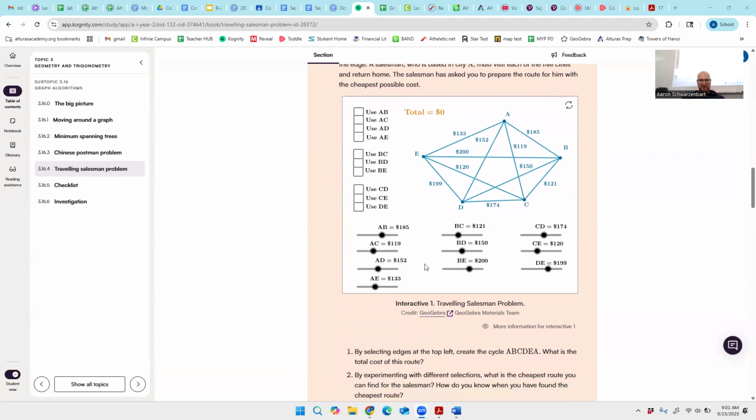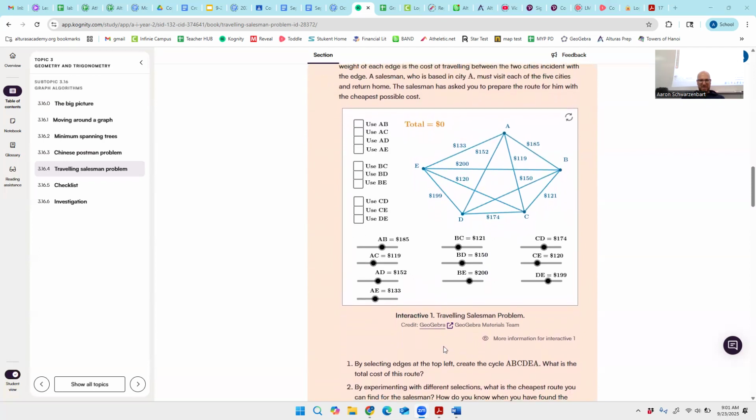So, here we go. By selecting the edges, create a cycle A, B, C, D, E, A. What is the total cost? So that's 185, 121, 174, 199, 133. Okay.